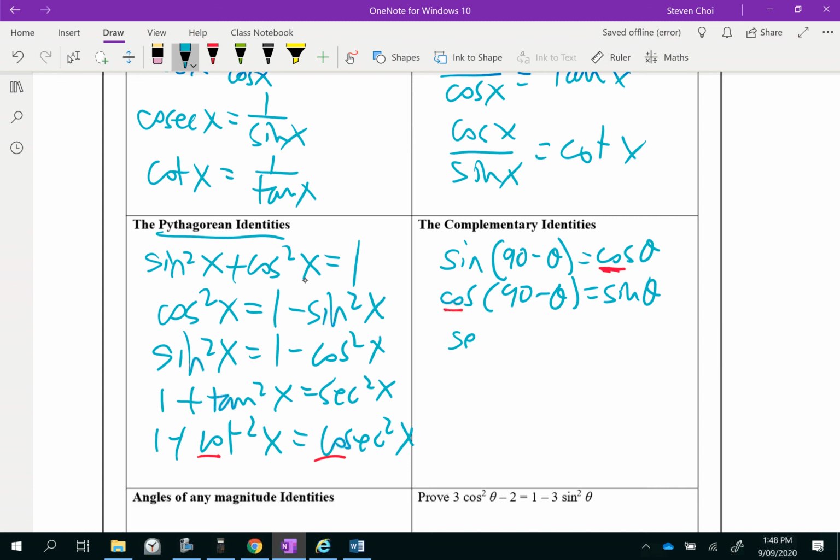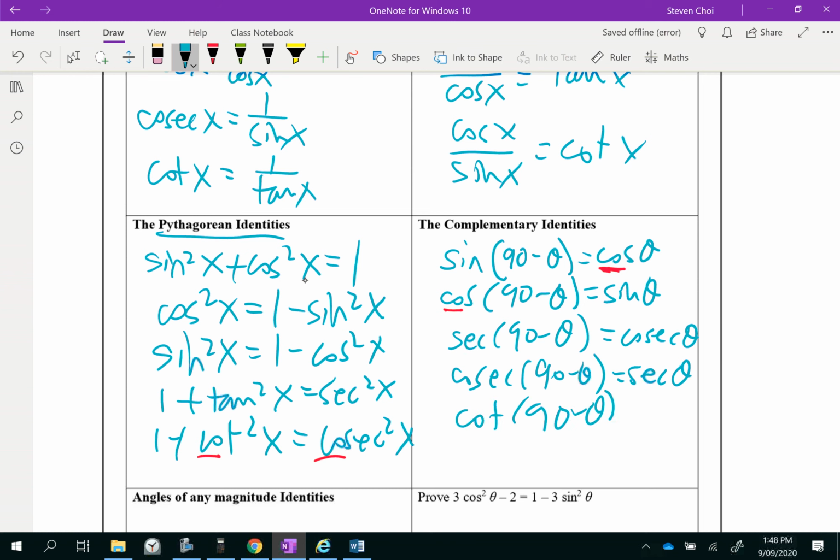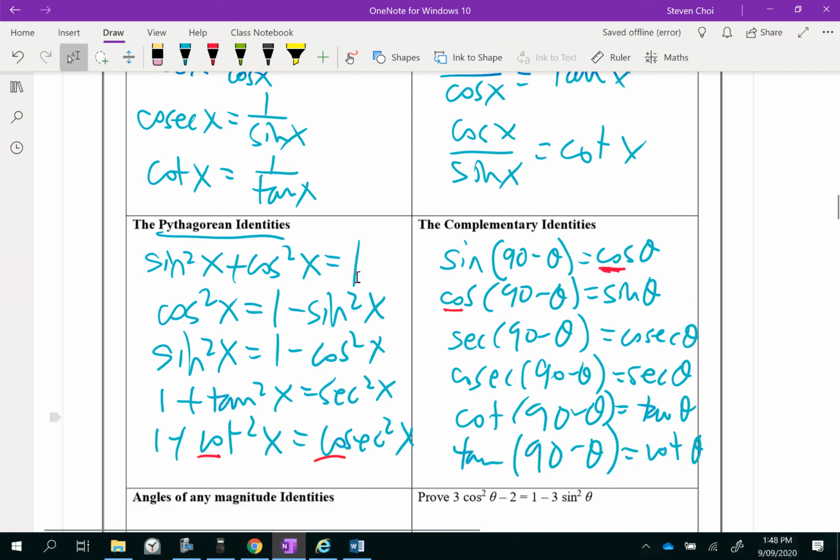There's the sec and the cosec. And the cosec of 90 minus theta equal to sec. And we also have cot equal to tan, or tan equal to cot. So you should memorize them. And the best way to memorize them is to write them out many times.